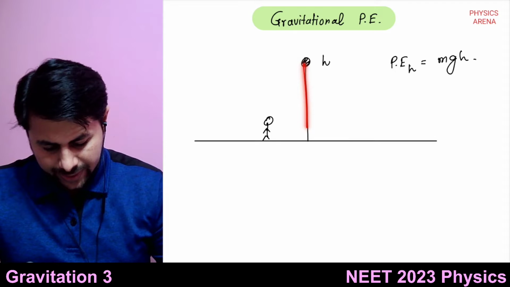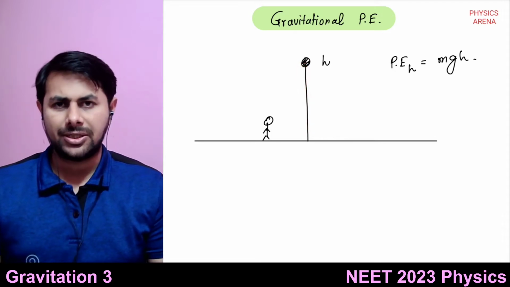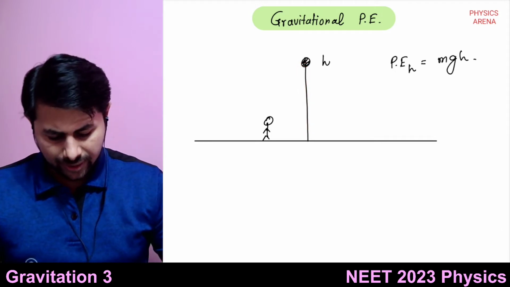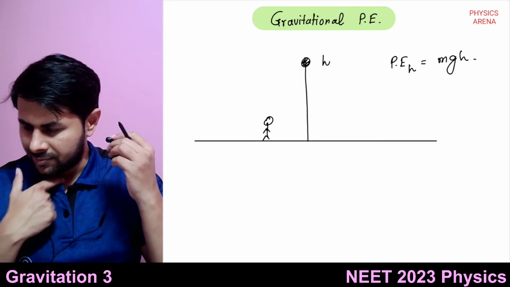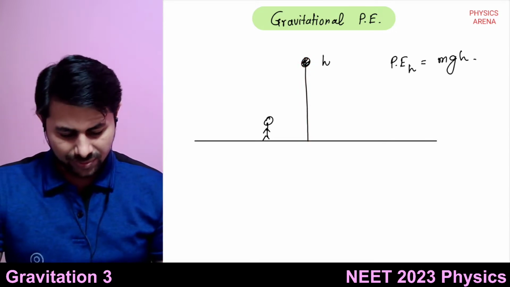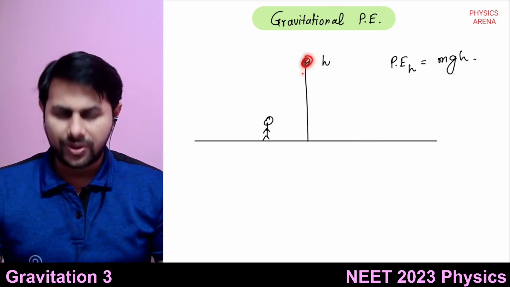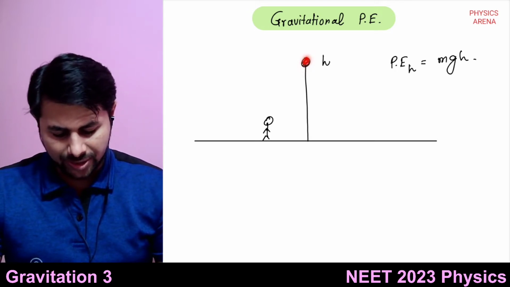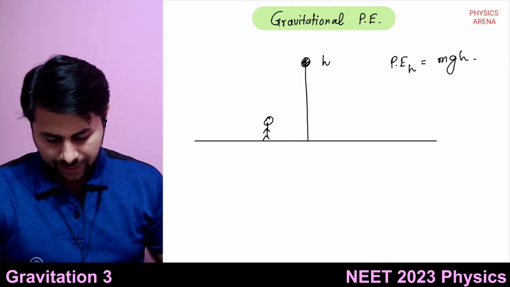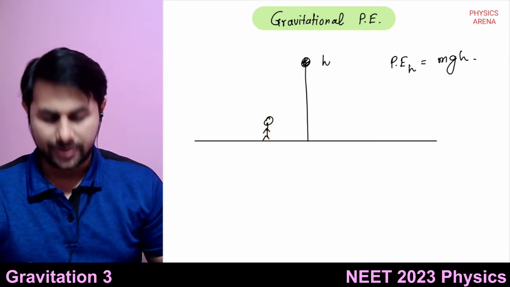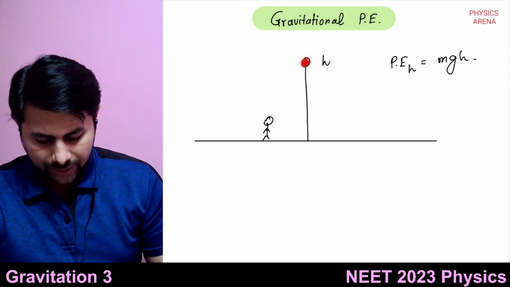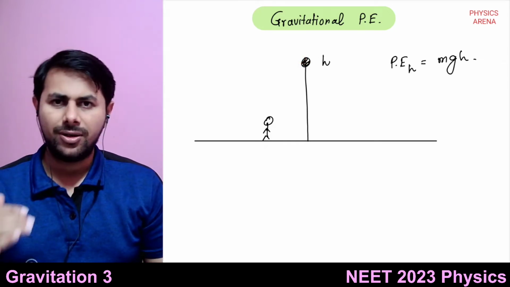It is the work done against the gravitational force. Here, in this example, when the man throws the ball vertically upwards, the gravitational potential energy of the ball increases.